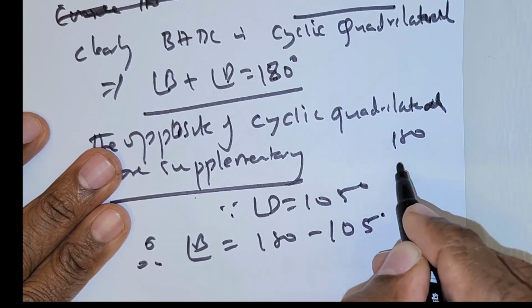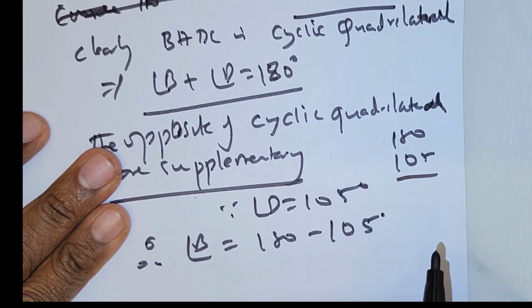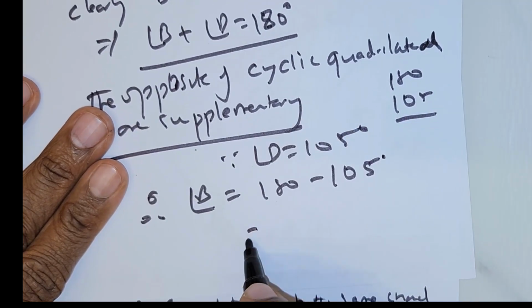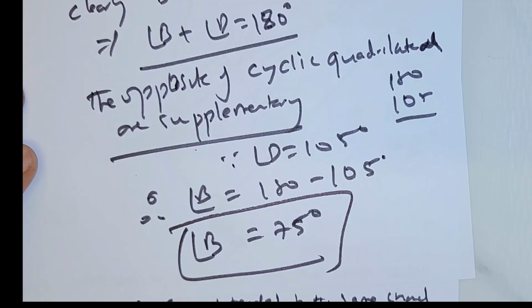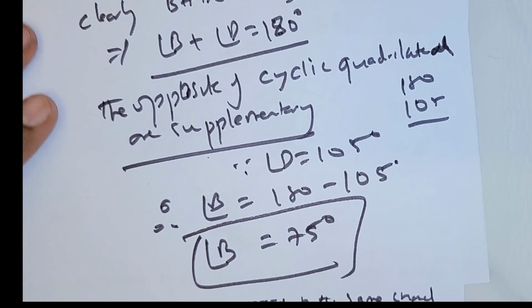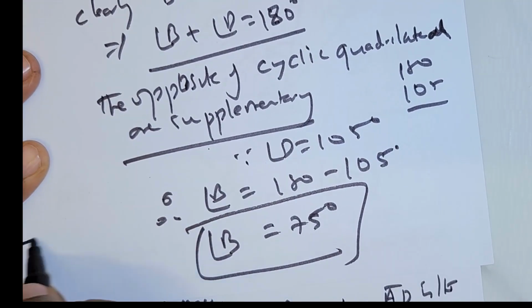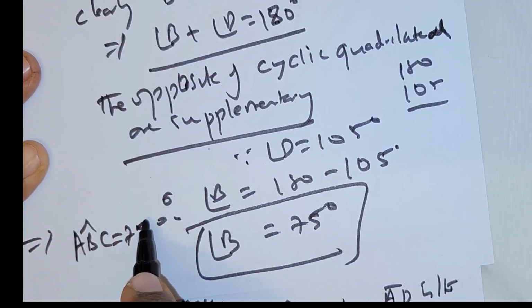From 180 you take away 105, that's going to be 75 degrees. So this is the angle value for angle B. So this in turn means angle ABC is 75 degrees.